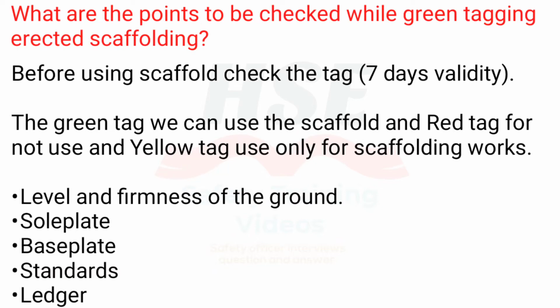What are the points to be checked while green tagging erected scaffolding? Before using scaffold, check the tag, 7 days validity. The green tag, we can use the scaffold; red tag, not to use; and yellow tag, use only for scaffolding works. Level and firmness of the ground.